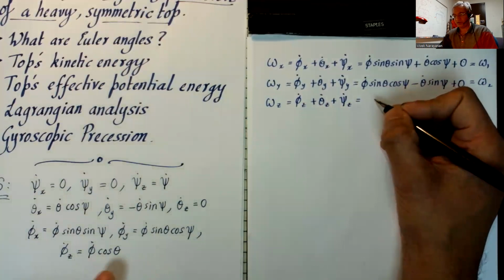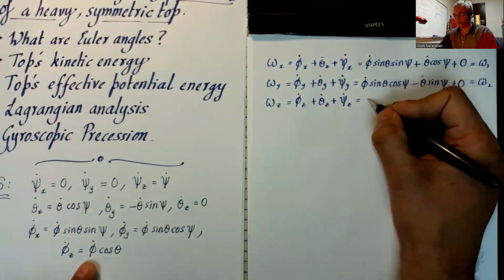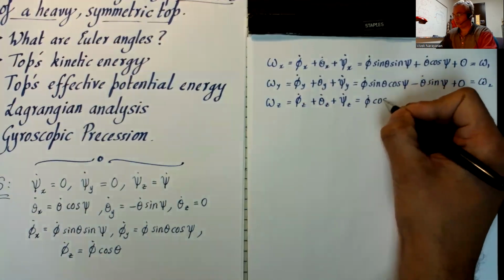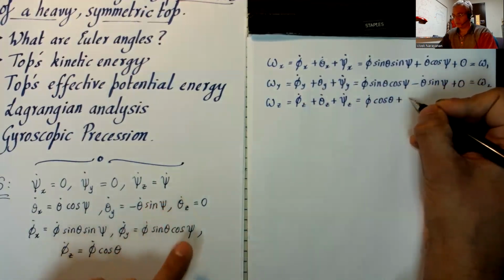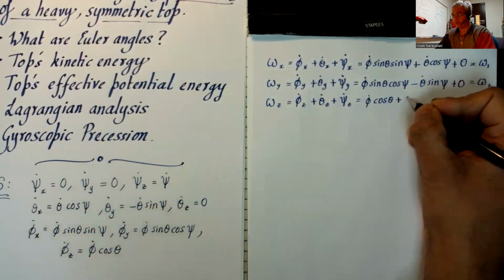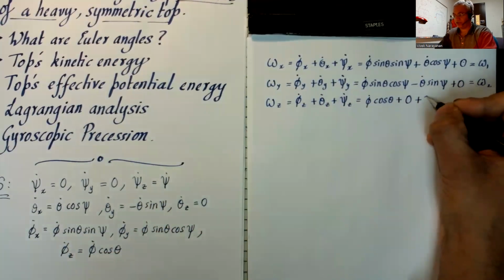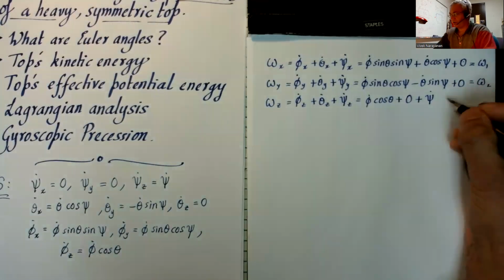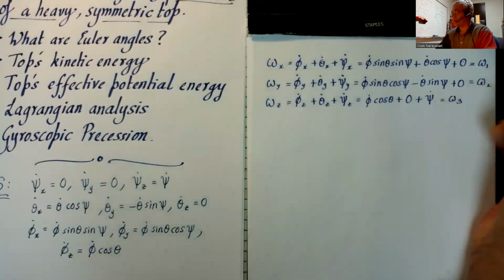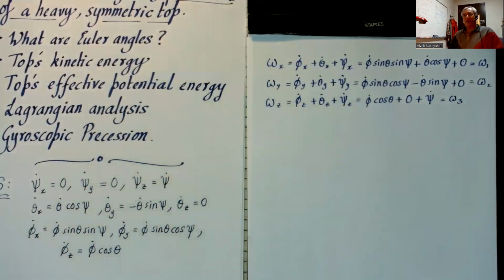Well, theta z dot is 0, and psi z dot is just what I've called psi dot, and that'll be our omega 3. So we have our angular velocities, and now we can actually form the kinetic energy of the heavy top.